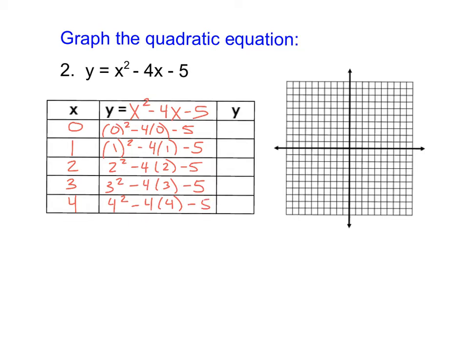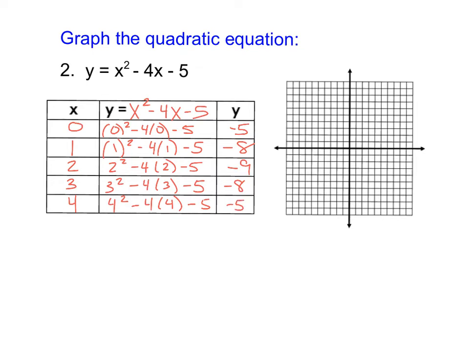So for 0, we get negative 5. For 1, we get negative 8. For 2, we get negative 9. For 3, we get negative 8 again. And for 4, we get negative 5.